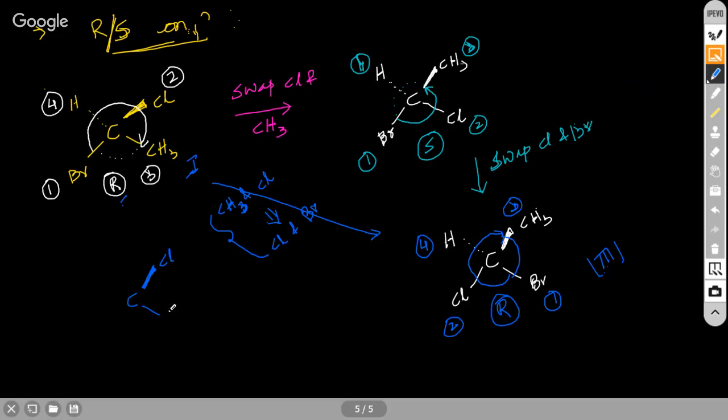Here we have hydrogen. Here we have CH3. And here we have bromine. Can you tell me the configuration of this? What is the configuration of this molecule?